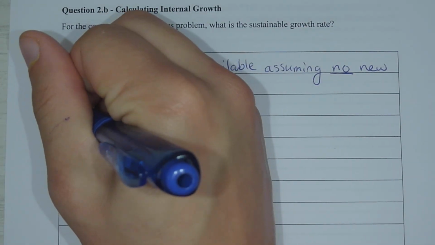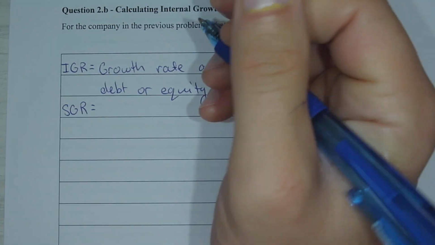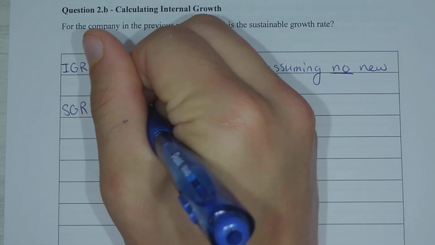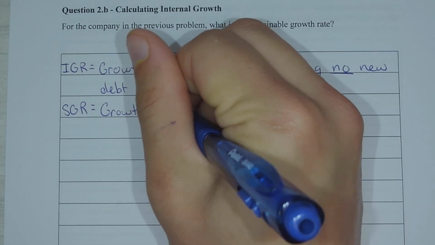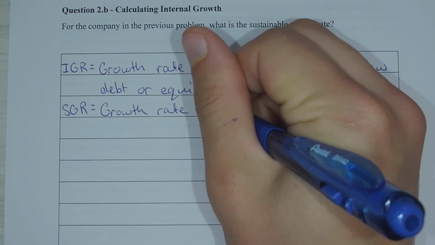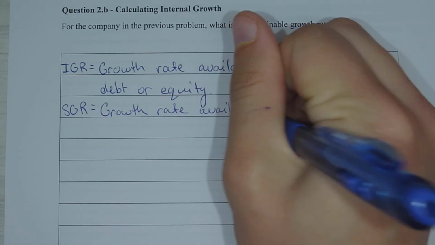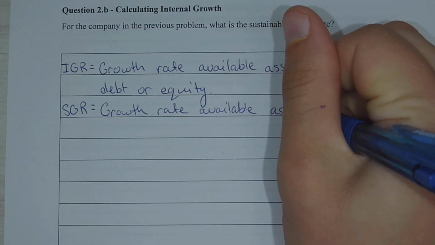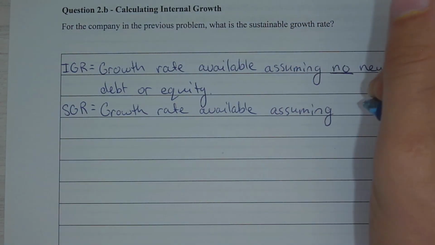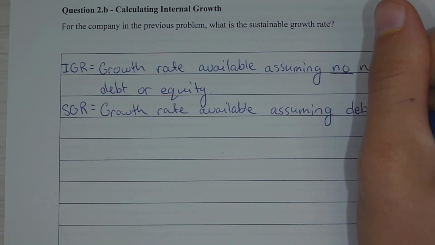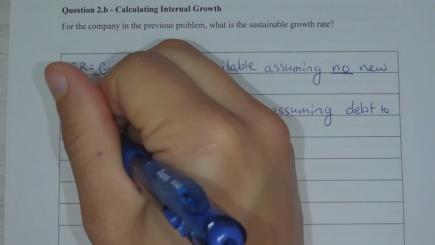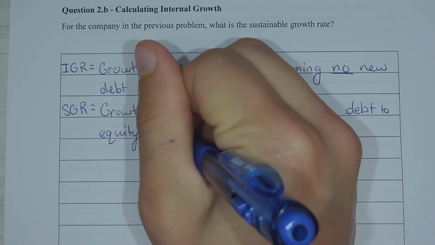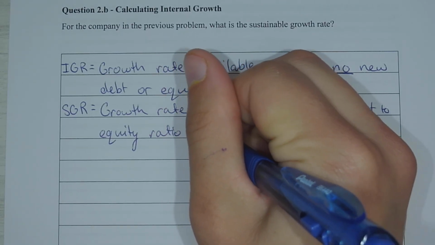Whereas the sustainable growth rate is the growth rate available assuming the debt to equity ratio remains the same.